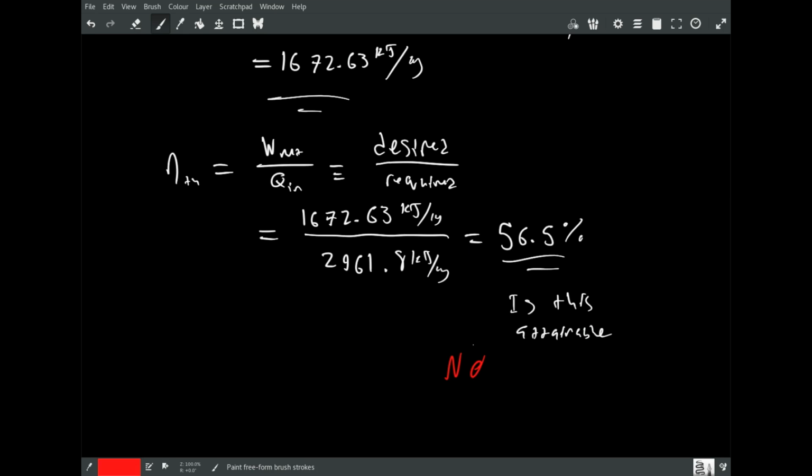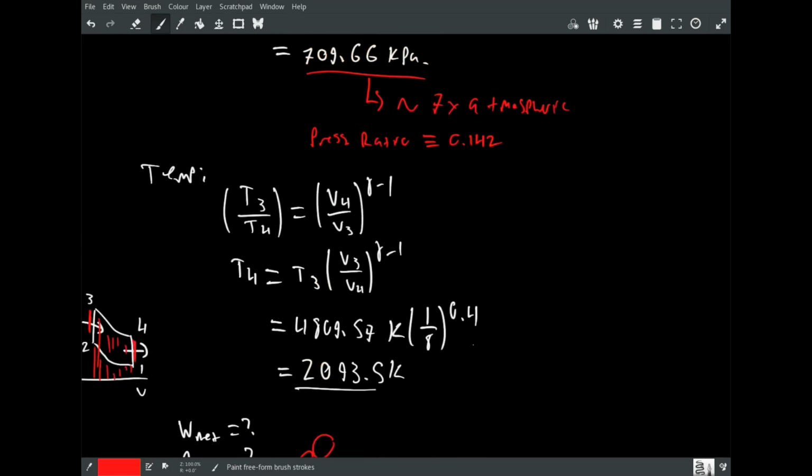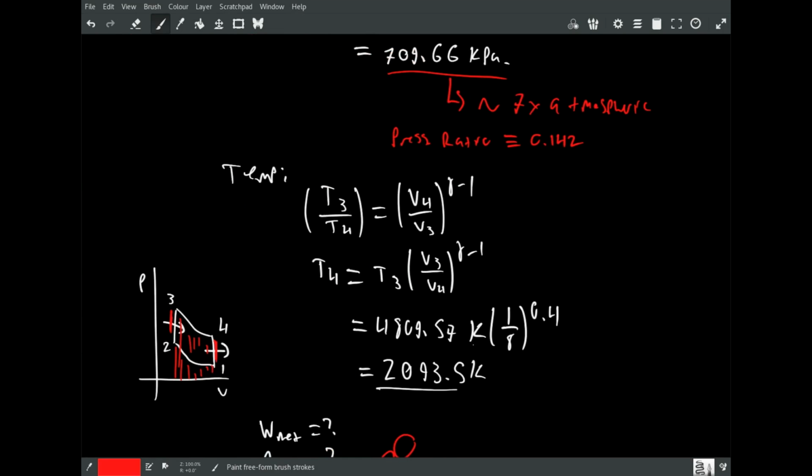The reason is, this is an ideal thermodynamic cycle. In reality, we have losses due to the fact that it takes a finite amount of time to burn the fuel. We have heat losses through these isentropic compressions, making them non-isentropic, so we have a little bit of loss there.